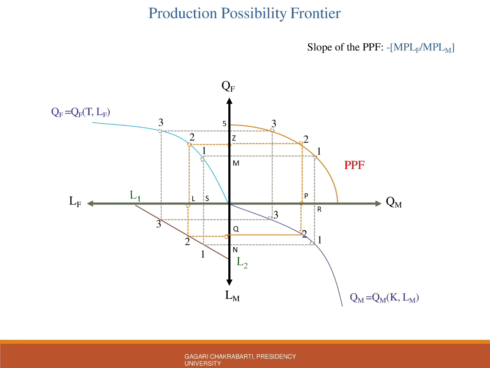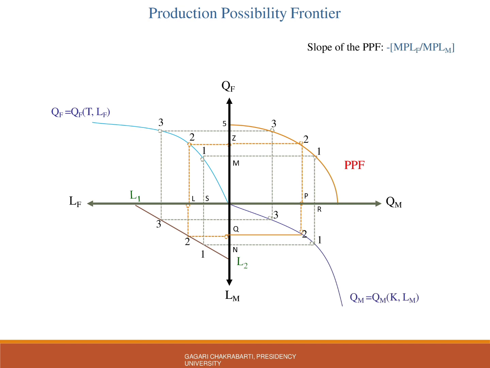So once again on this quadrant we shall be showing the QM or the total product curve for the manufacturing sector. So this is shown as the deep blue line, and as discussed earlier, as LM increases then QM will increase.